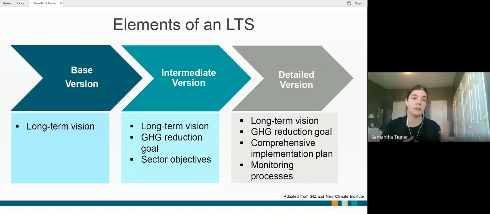And so that would build upon the previous version to then also include a comprehensive implementation plan. So that checklist of action items, what are the methods that you can take to implement these goals, as well as those monitoring processes to ensure that you're actually checking in to make sure all those goals are being met, you're reporting on your progress and communicating that effectively. So essentially, technical and financial resources, human resources, and priorities can change over time, and they can increase over time to help build a more comprehensive and detailed long-term strategy.